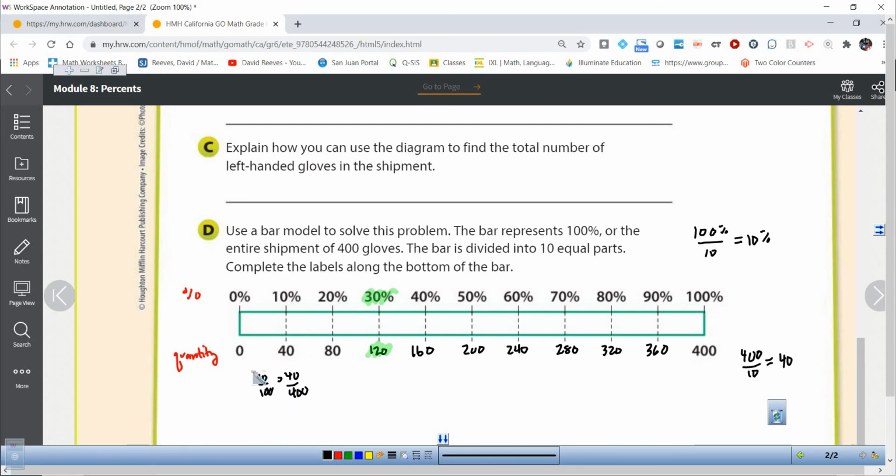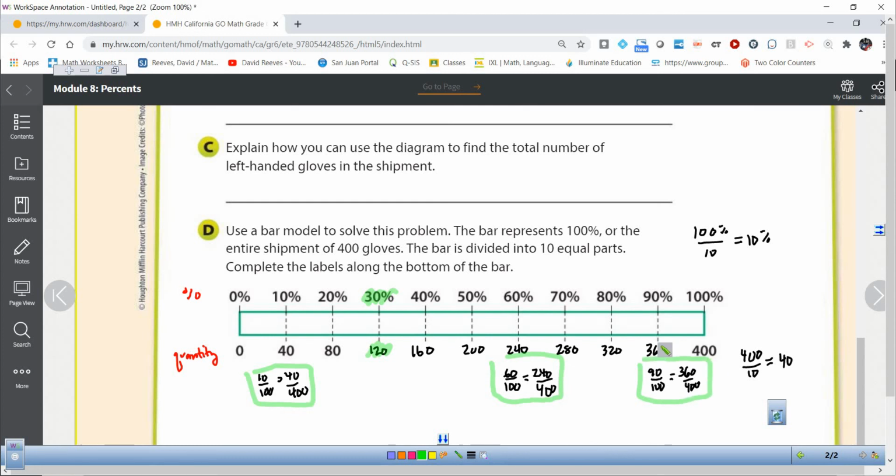There's one of those proportions we're talking about. Over this one right here, 60 over 100 equals 240 over 400. Or if I did this one, 90 over 100 equals 360 over 400.